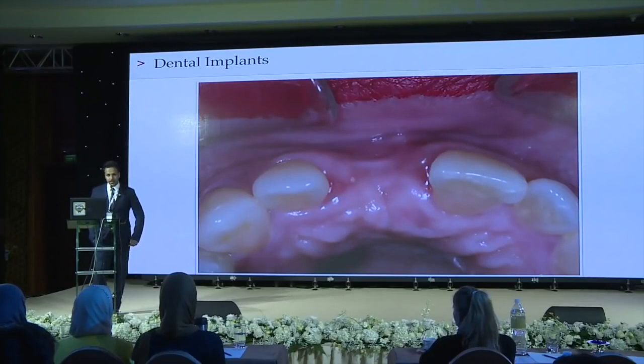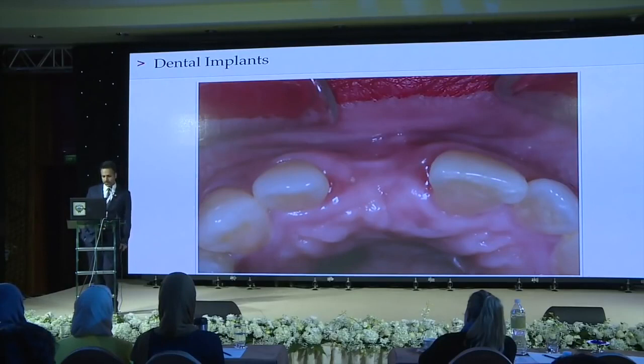And these cases, especially the anterior cases, have to be done by specialists, periodontists. These are the guys who know how to deal with these cases. I don't advise any general dentist to manipulate implants in the anterior region, because that is going to compromise the implants.